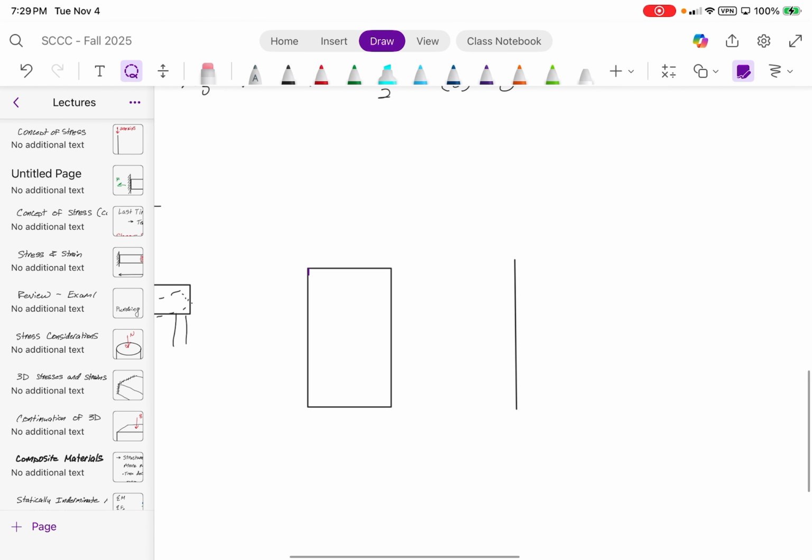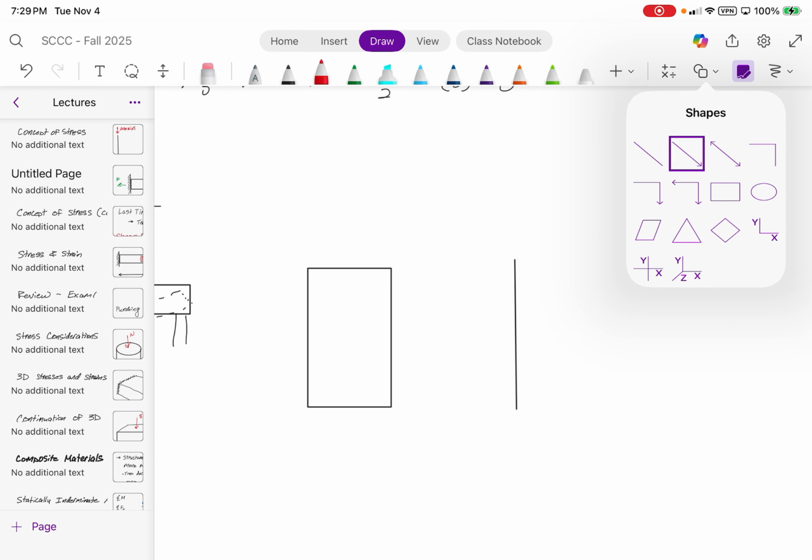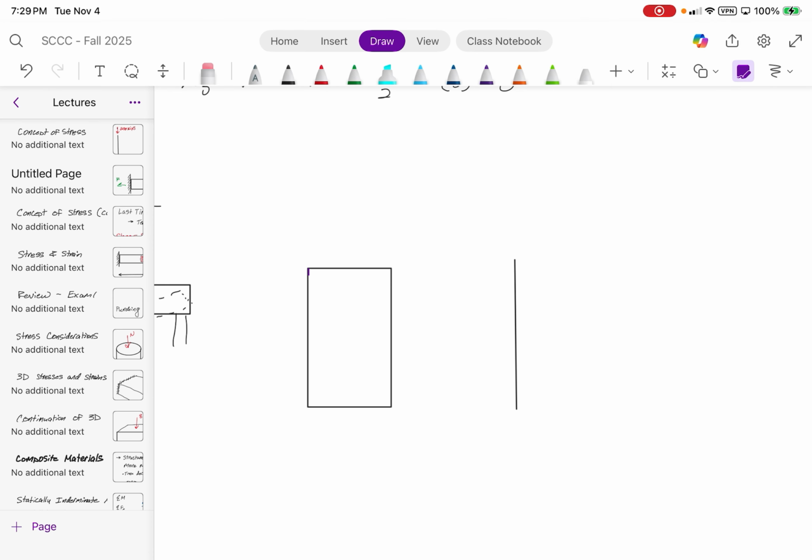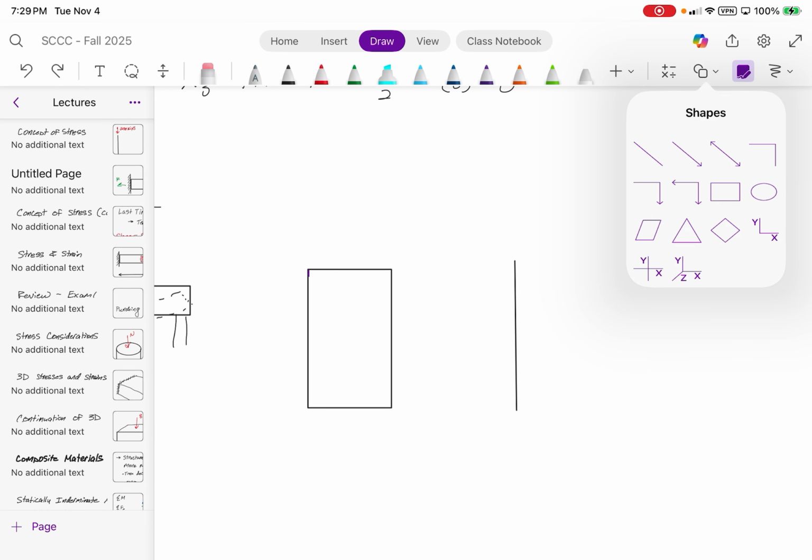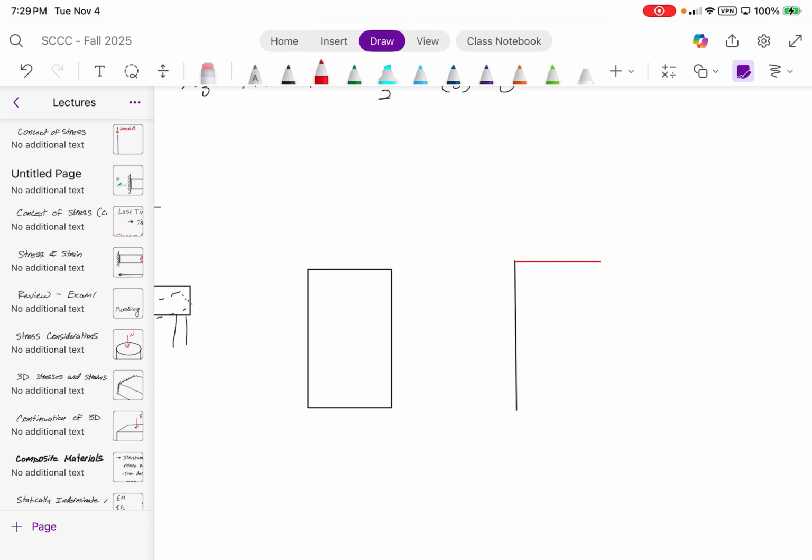The way that the stresses will look are as follows. We will have a compressive stress up on the top, and then a tensile stress down at the bottom. Now, how does this vary? It varies linearly between the two.